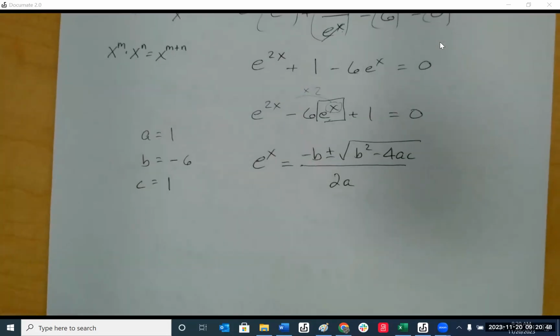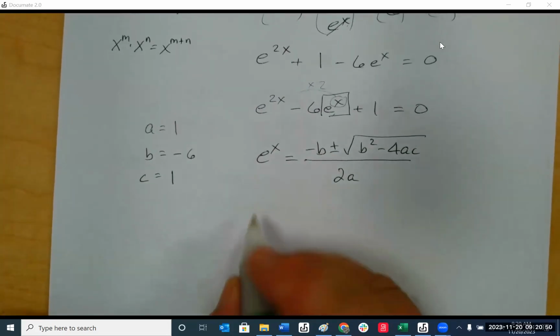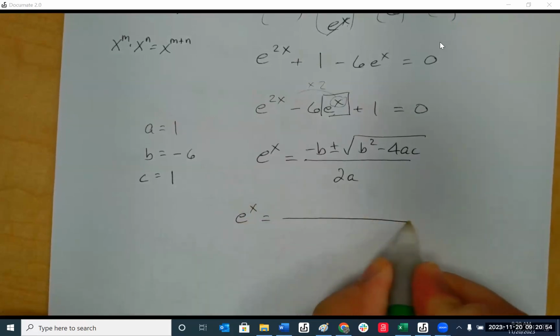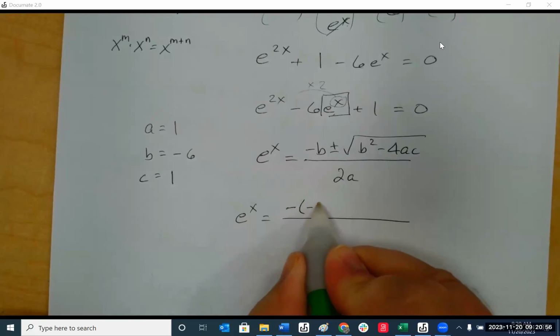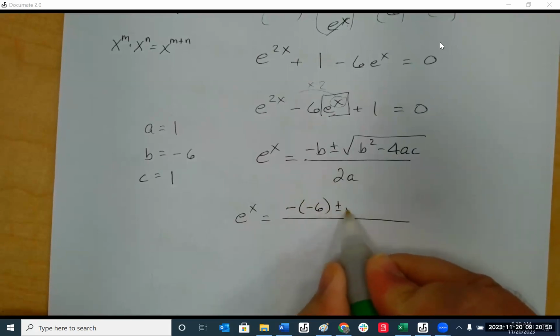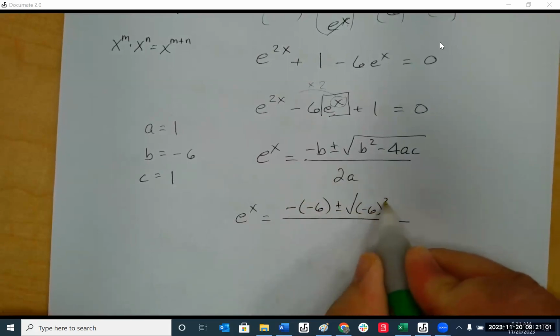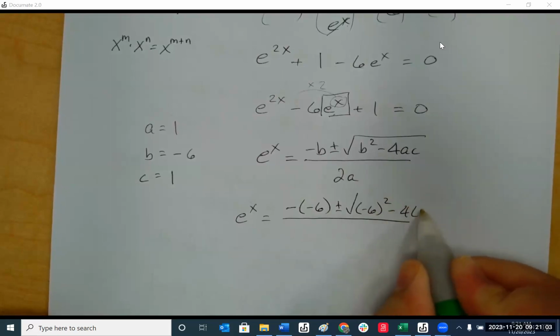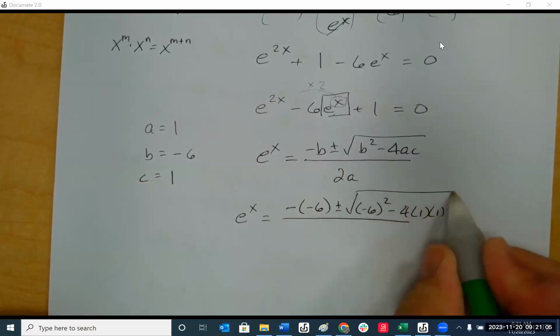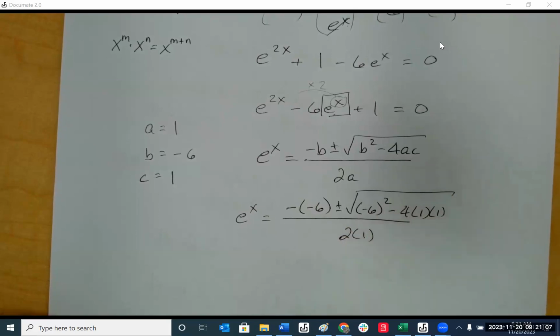I always start off by writing down the formula. We have negative of a -6. -6 squared minus 4 times 1 times 1, over 2 times 1.